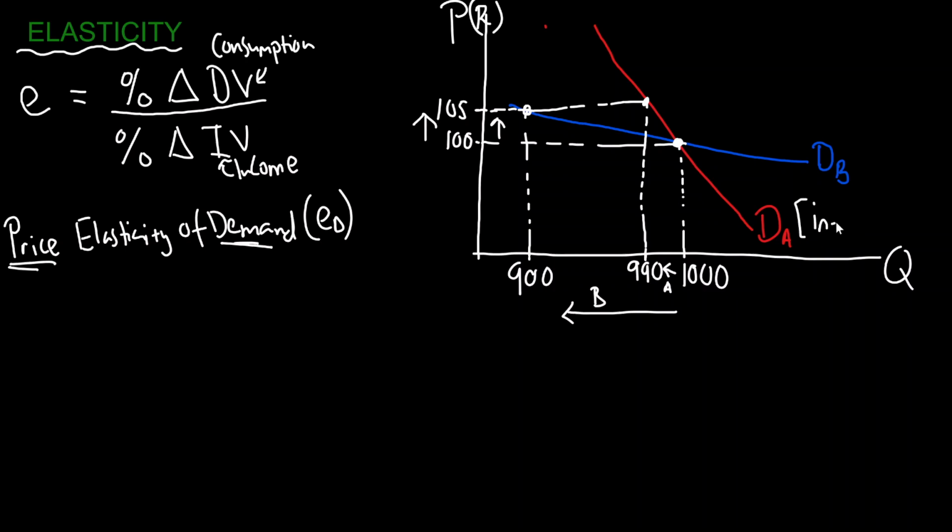And for product B, this same change in price of only 5 rand results in this huge change in the quantity, and therefore we say it's elastic. So if the demand curve is flat, the demand is elastic. But if the demand curve is steep like this, the demand is inelastic.